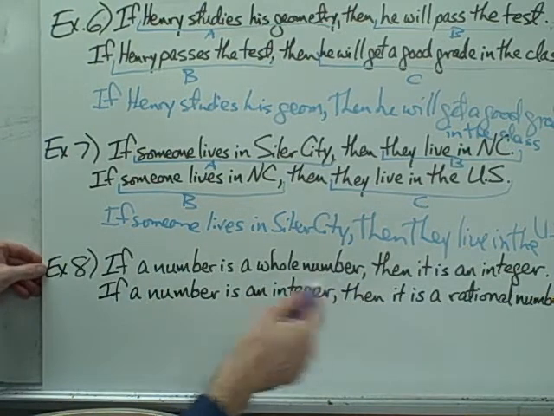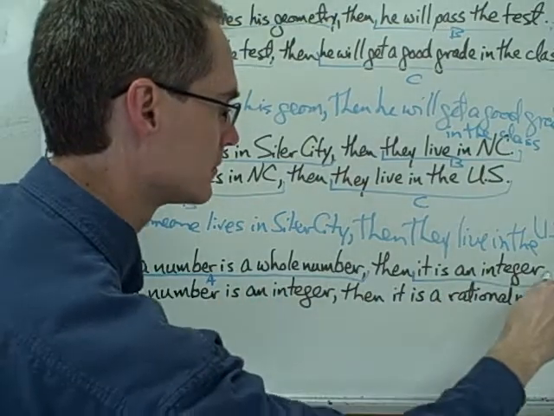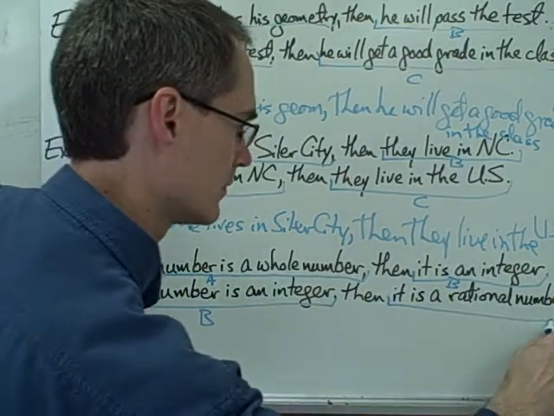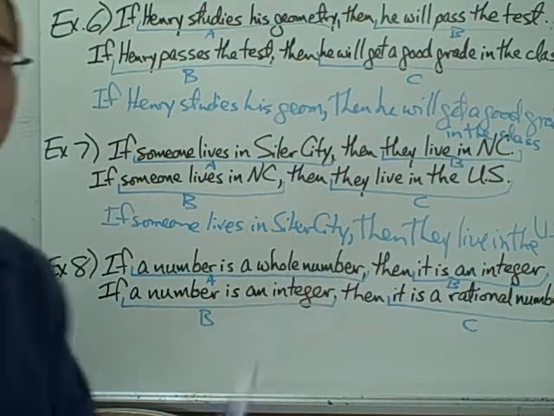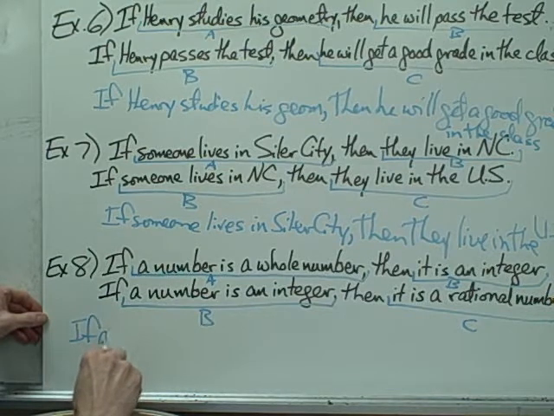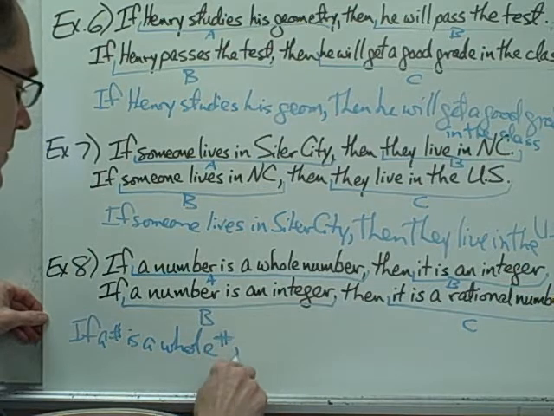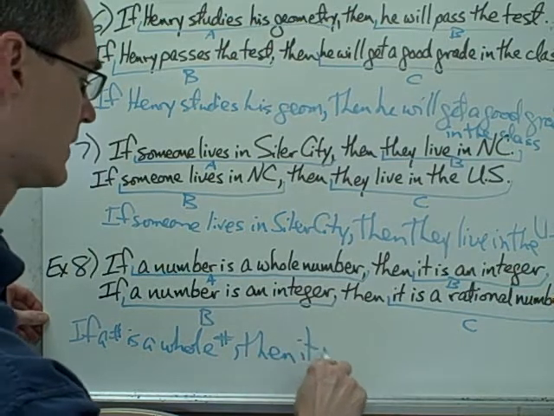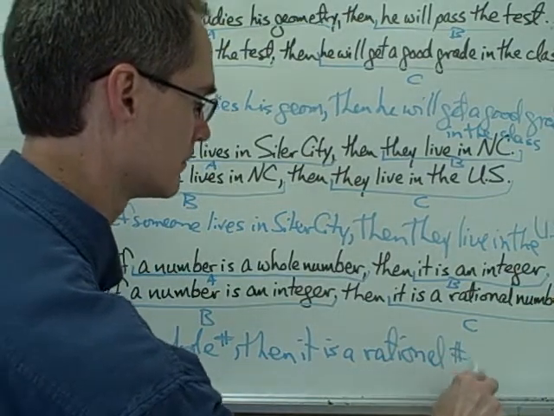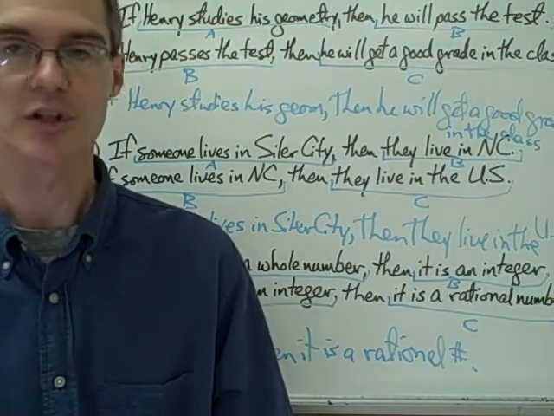I have two if-then statements: if A, then B, and if B, then C. Once again, I can combine them into a third statement that says, if a number is a whole number, then it is a rational number. And that's the law of syllogism.